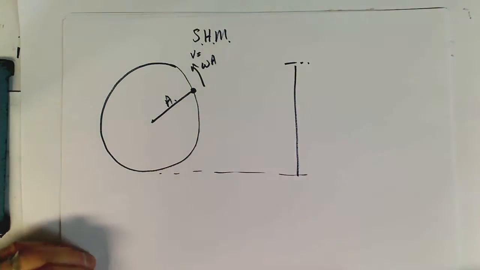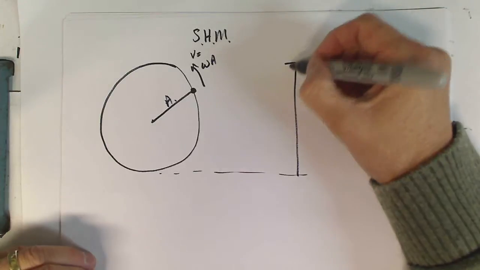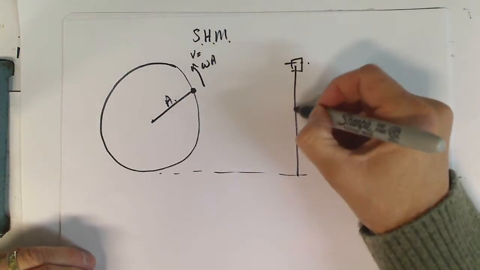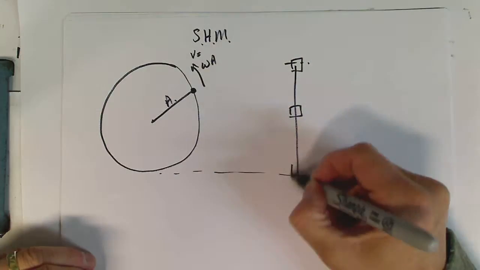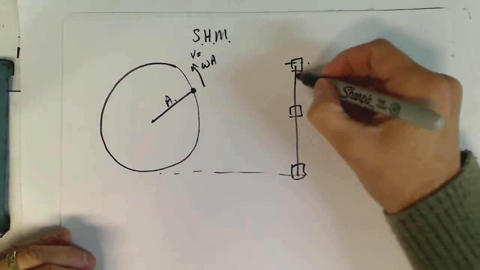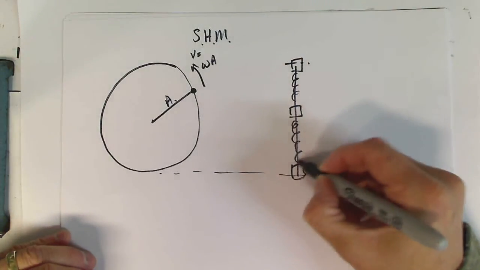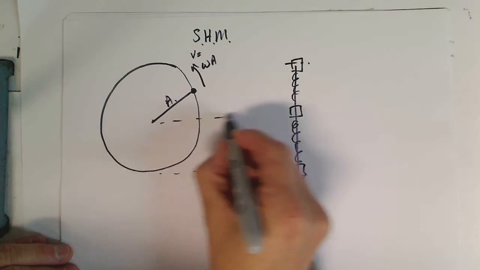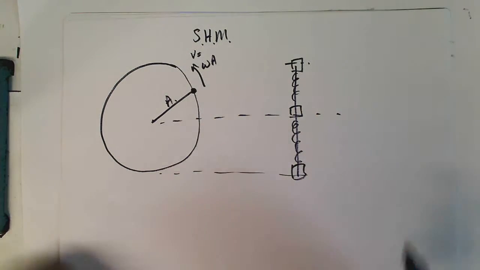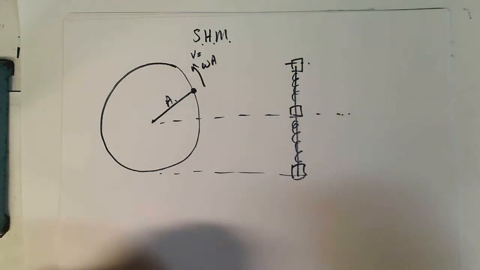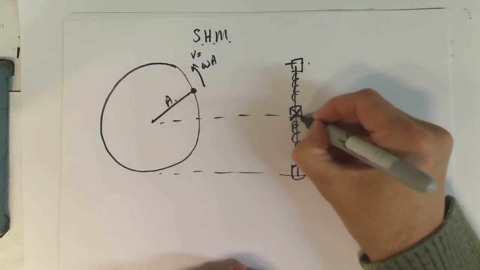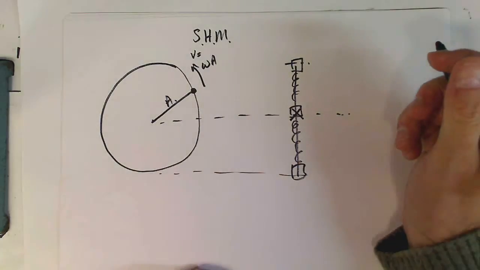In SHM, if this was our spring, and it starts at that point, that's its equilibrium point, and that's its lower point, so the spring basically bounces up and down, then there's a point at which the spring is in the middle position, equilibrium point.